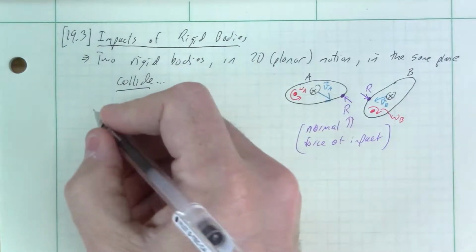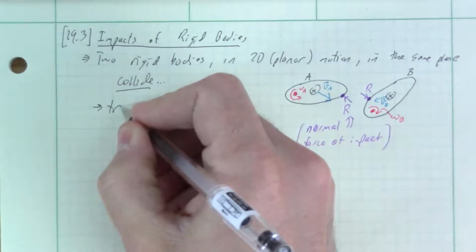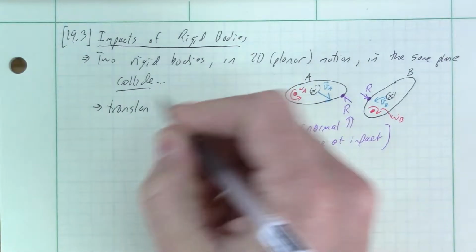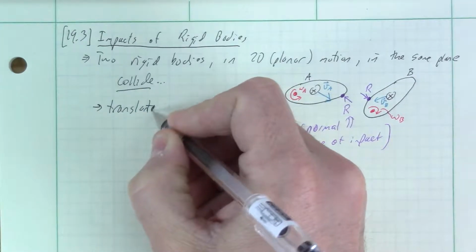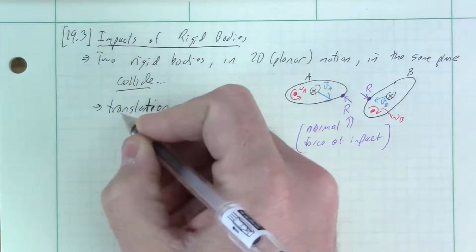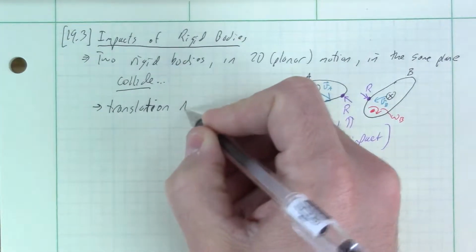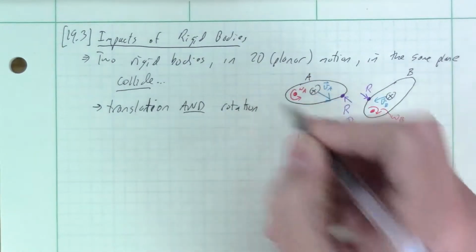In general, these types of systems, these impacts, these collisions, deal with translation. We're just making some observations here, and that'll lead us to talking about the procedure when we analyze these in the examples. In general, we have to think about translation and rotation because these are rigid bodies.